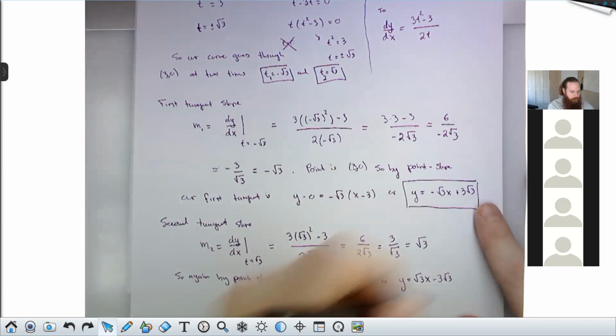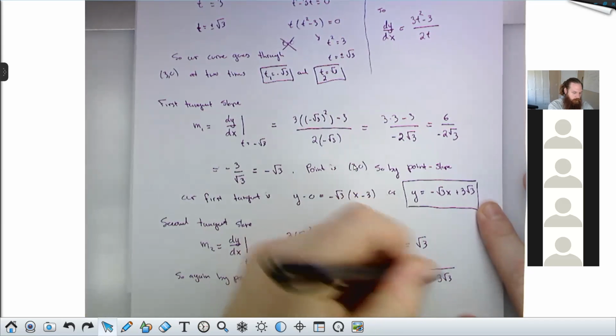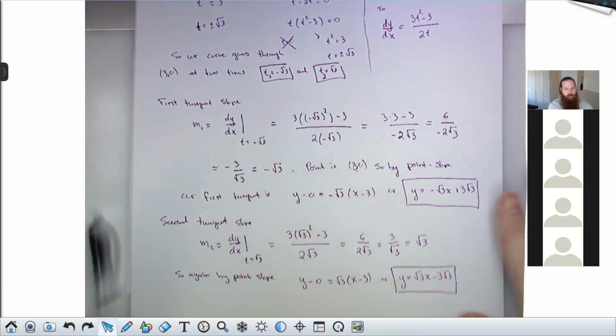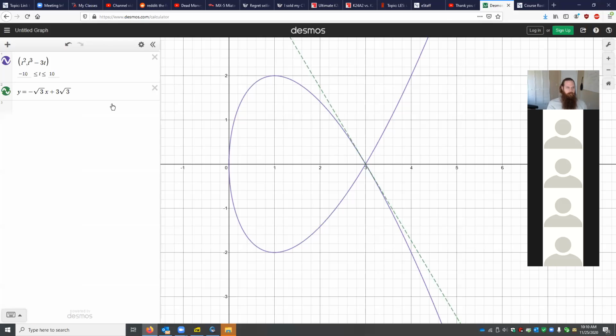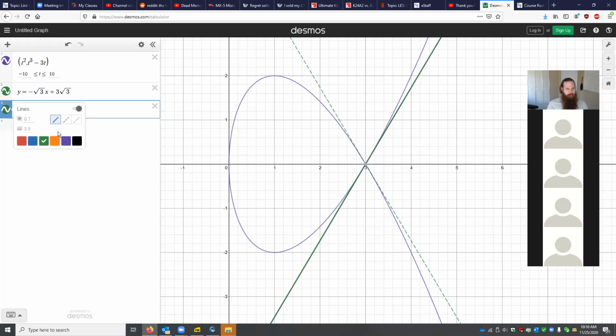And if I were to graph this as well, you'll see both of those tangents. All right, so there's both of those tangent lines.